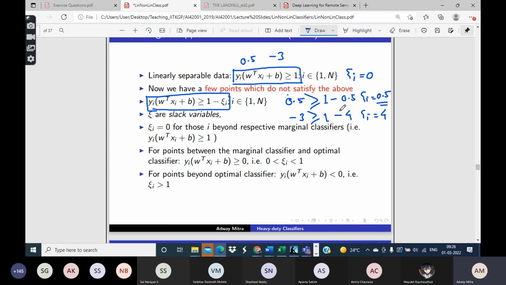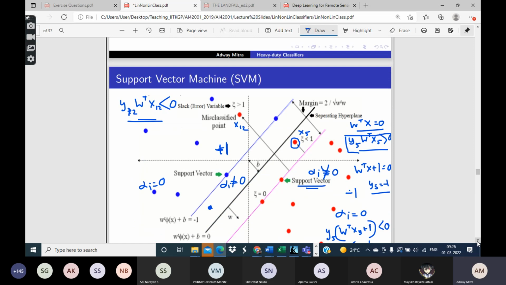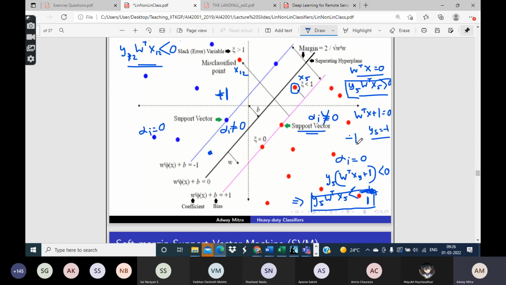So the slack variables will have to be adjusted accordingly. For this point, the slack variable will be positive, but less than 1. For this point, the slack variable will have to be greater than 1. And for the remaining points, for which there is no problem either with the marginal classifier or with the main classifier, the slack variables will be 0.